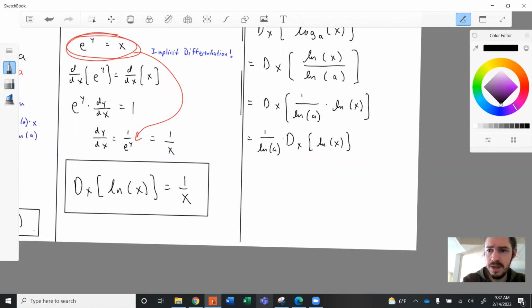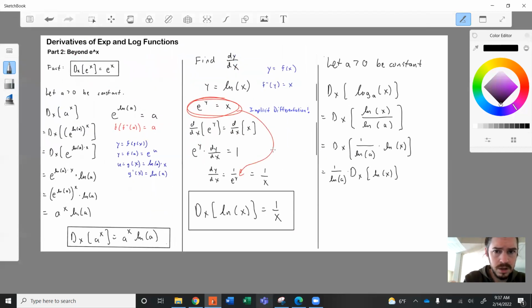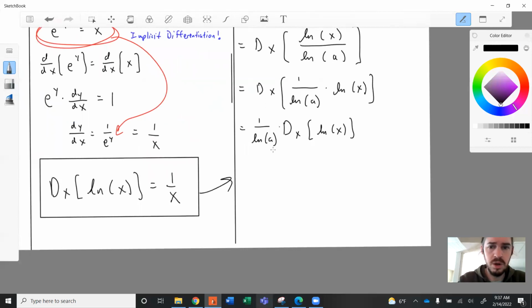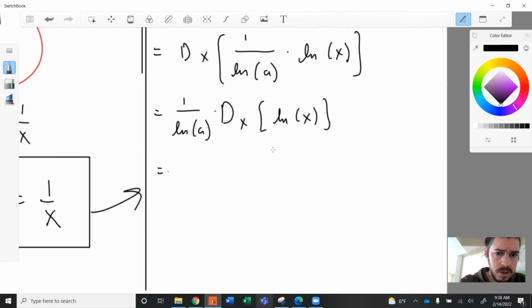So I'm going to use this differentiation rule over here. And we get 1 over the natural log of a times 1 over x. So I'm going to rewrite this as 1 divided by x times the natural log of a.